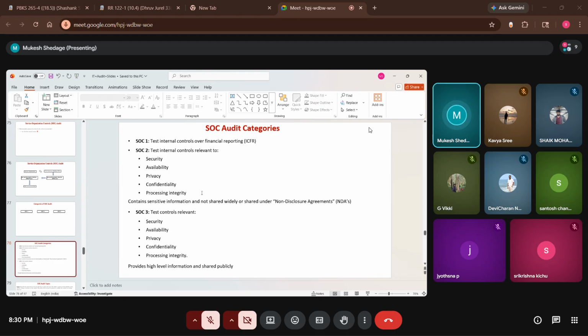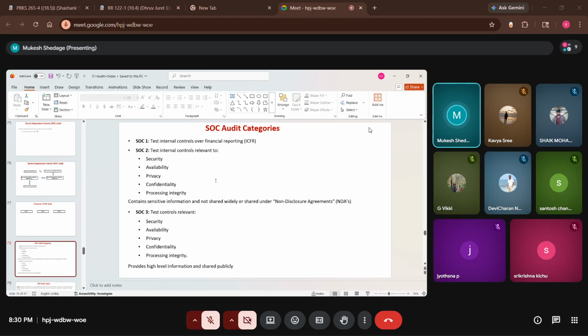Now, always remember, whatever controls we have seen in ITGC, user access management, change management, backup control, all three controls are divided into these five trust security principles or five trust areas. So indirectly we are testing those controls only, but in very great detail.